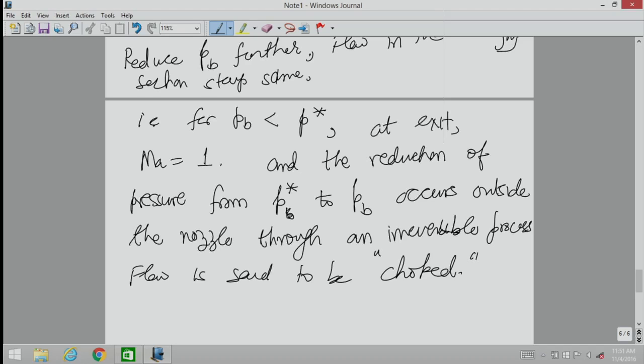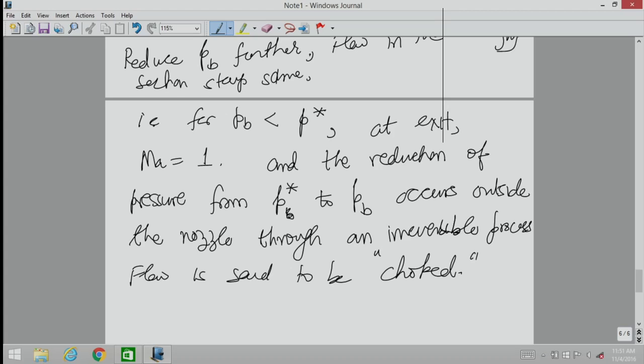I have to add a diffuser or a diverging section. We should not call it a diffuser, because it will be a nozzle again. So we have to add a diverging section to this tube, from where, once the Mach number has reached 1, it can become bigger than 1. That is the only possible way in which I can do this.